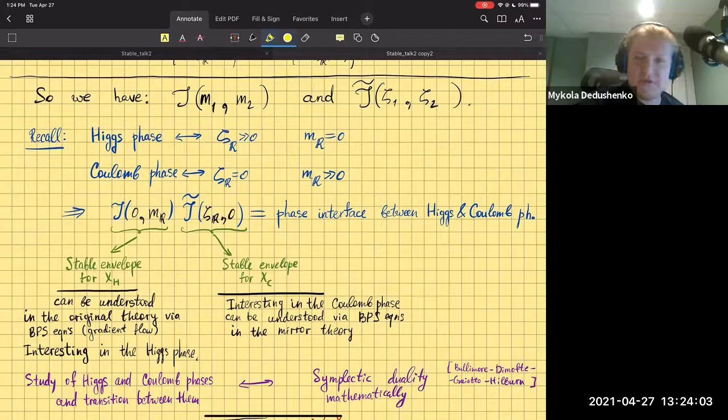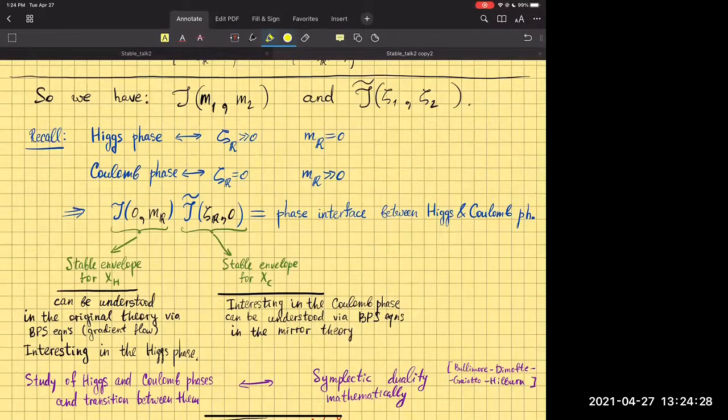In the operator description, when you work with operator valued distributions and write operator product expansions between them, that's how people think about it in conformal theory. Then of course there's a complete symmetry between these Higgs and Coulomb branches. That's this duality interface of this object, right?